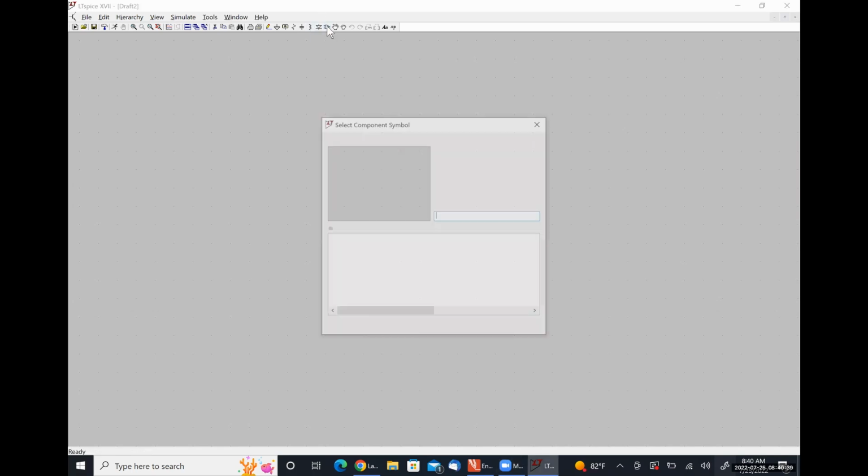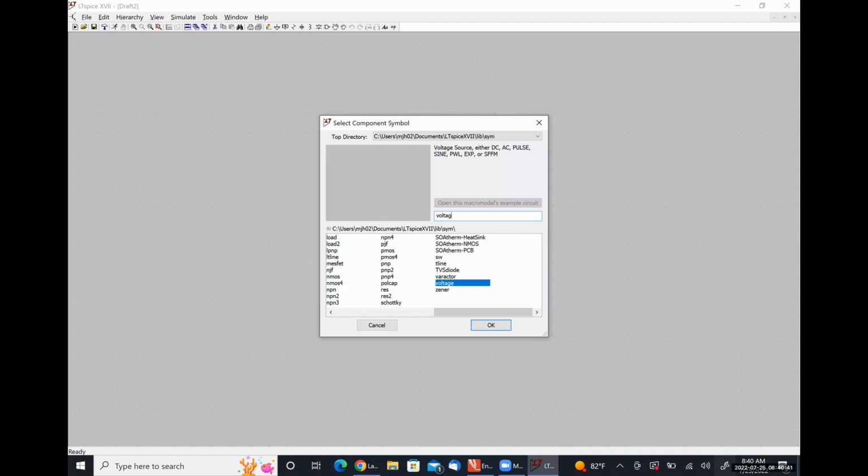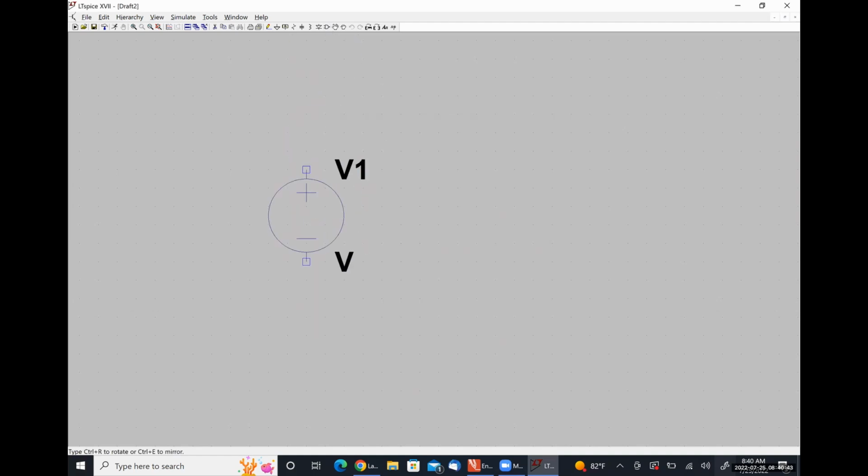All right, so we are going to talk about how we could simulate a simple filter circuit like the one that we've just drawn. Okay, so the first thing I'm going to do is I'm going to put a voltage source in. And this is our input voltage. I'm going to leave it blank for now, and then we'll talk about what parameters we would need to put in.